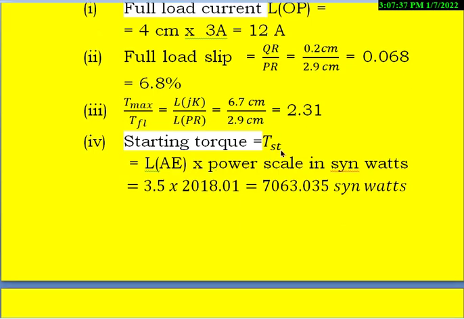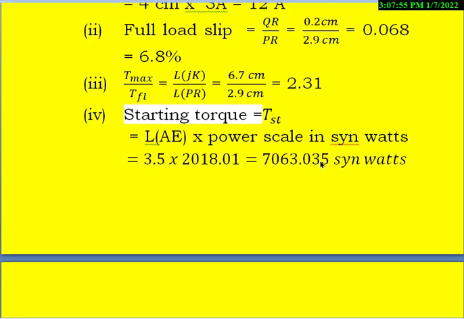The last one is the starting torque. This also we know, the AE distance, which we measured as 3.5 centimeters. When we apply the power scale, which is in synchronous watts, starting torque, or in general torque, can be expressed in synchronous watts like this.